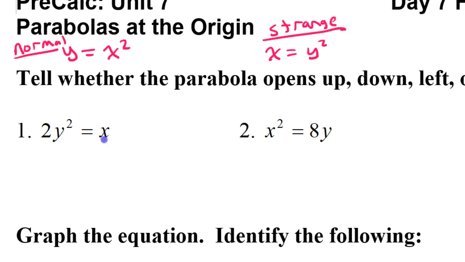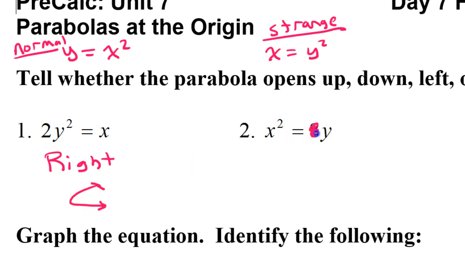So look at this one. This is like x equals y squared. This is one of the weird ones. So that tells us that it will be sideways. It will either open left or right. Because it's positive, it will open to the right. It would be a parabola like this.